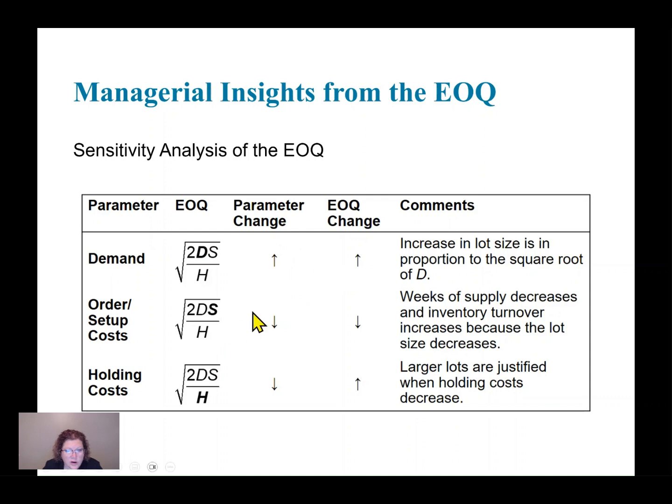Or if your ordering cost goes down, your optimal lot size would also go down. Holding cost is an inverse relationship. So if holding cost goes up, your optimal lot size would go down. Or if holding cost goes down, so it's cheaper to store something, then your optimal lot size would go up. So the holding cost is the only one where the relationship is reversed.